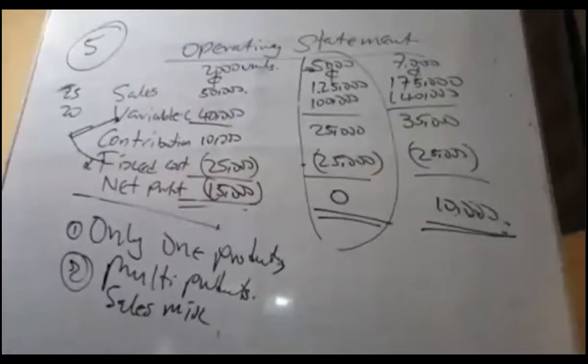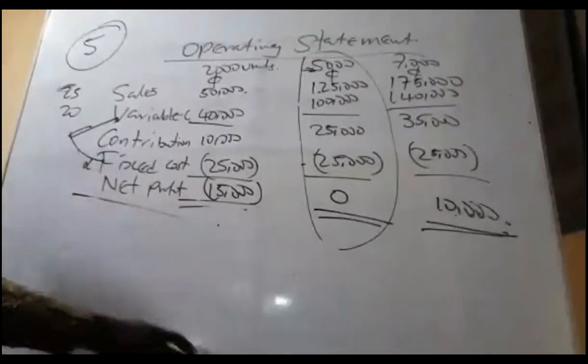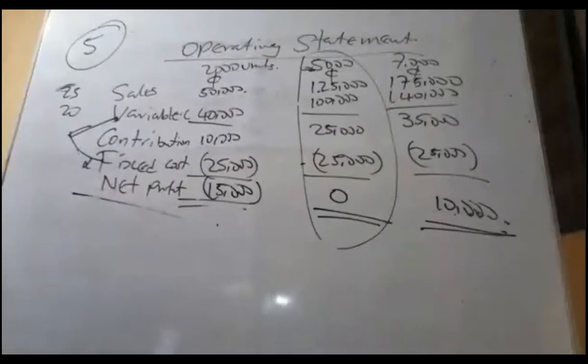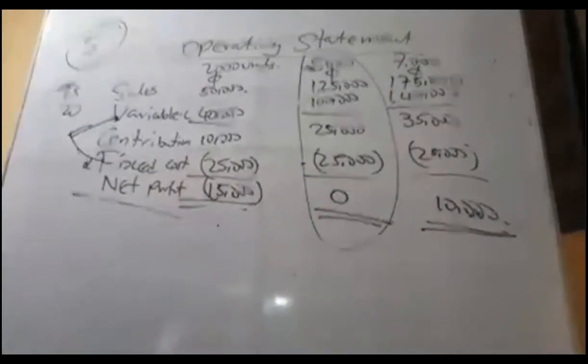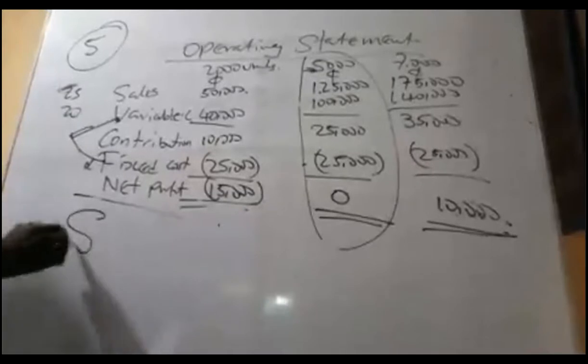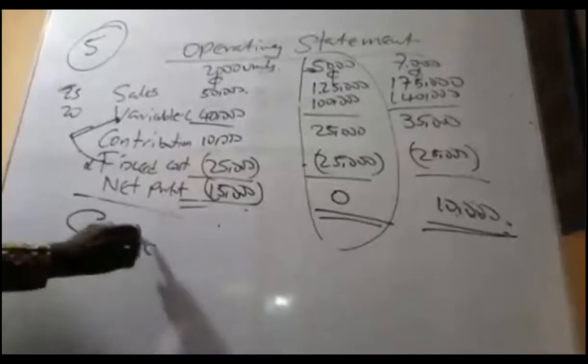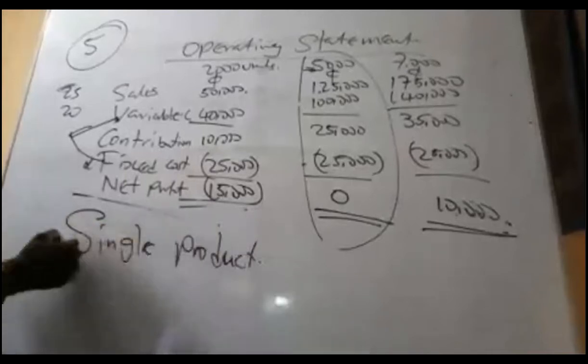Now, we are about to start the actual game. When you pick break even, we have single products and multi-products. We will start with the single product first, where the company produces just one product. All the questions we are solving for now are on single product. Please again, break even is 2 things.